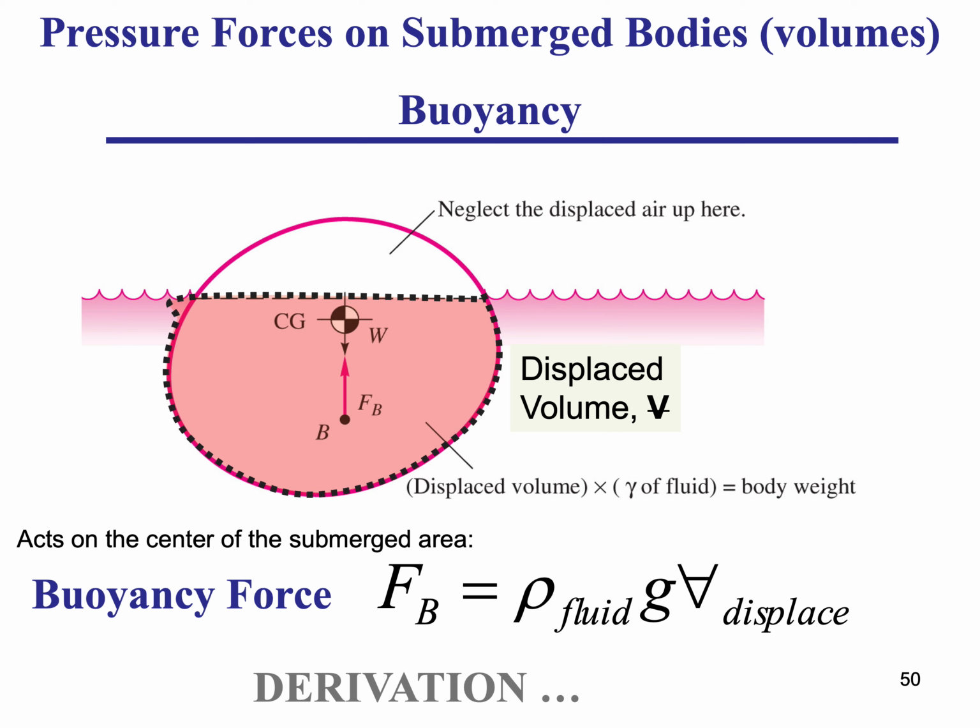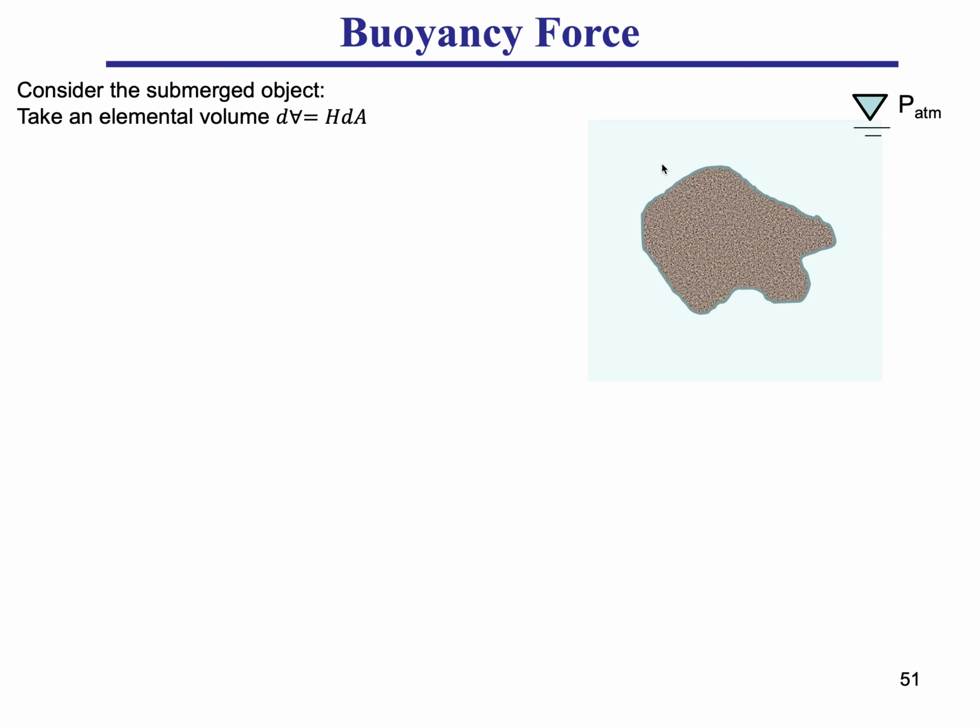So let's consider a submerged object, and this is our submerged object. It's in a liquid of density rho, and it's all underneath the surface. And let's consider now a volumetric element of volume dV and height h and area dA.